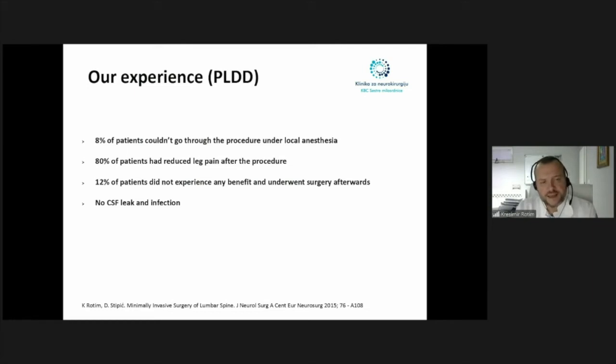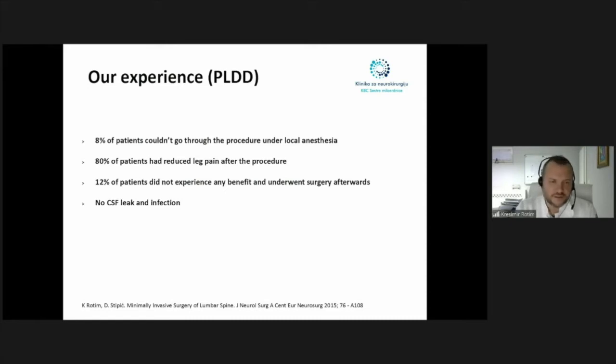We didn't have any CSF leak after the procedure, but of course, when you do the PLDD, especially at the L5-S1 level, you are passing near the dural sac. So in a number of patients there is an intraprocedural CSF leak, but after that, the correction of the needle trajectory is done.